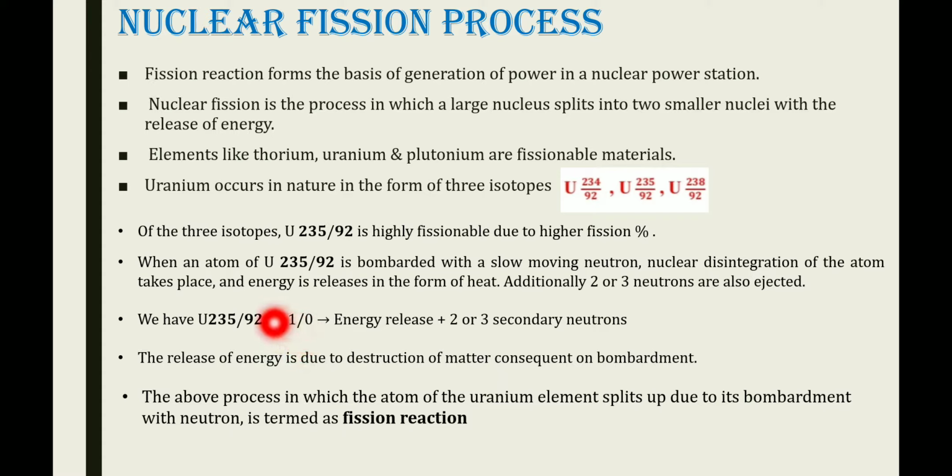After being hit with the neutron, it releases a huge amount of energy as well as 2 or 3 secondary neutrons. Getting my point? The released energy is mainly due to the destruction of matter, or the mass defect.